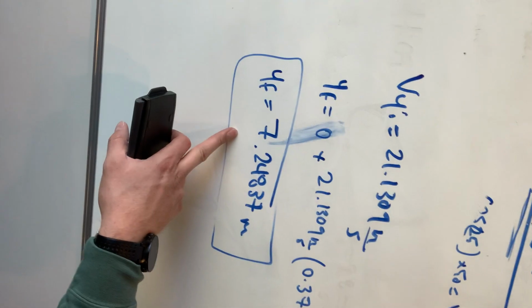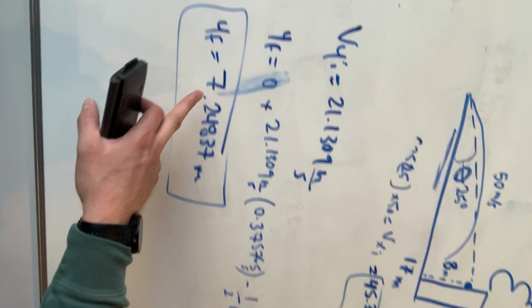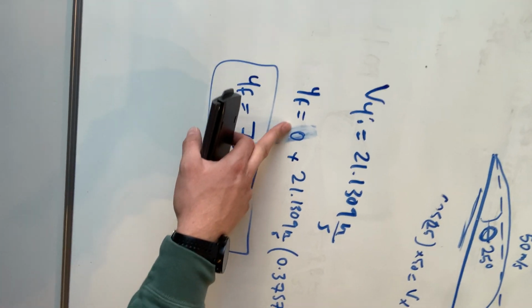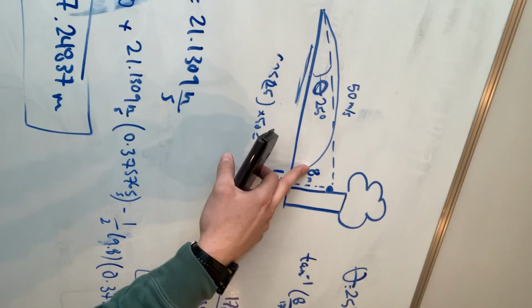And that's going to be up the tree. So the question initially asked for how far below the 8 meter knot is the paintball going to hit. So this is how far up the tree it is, because I used my initial y value as 0 instead of correlating it with the 8 meters.